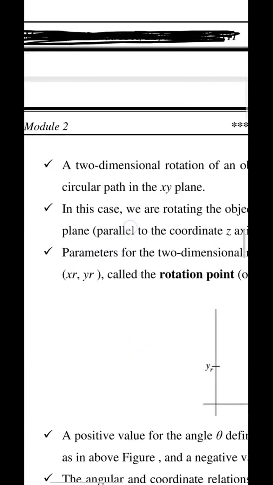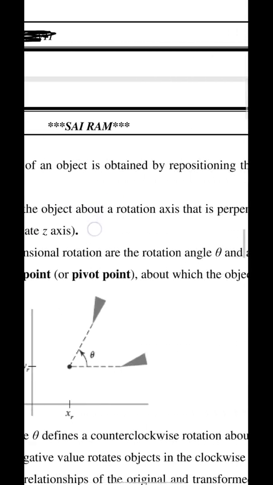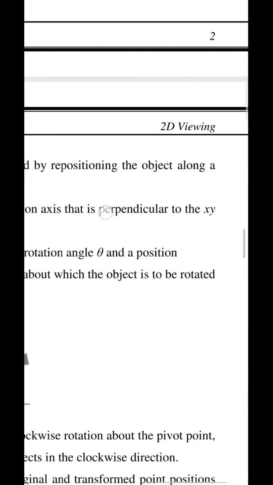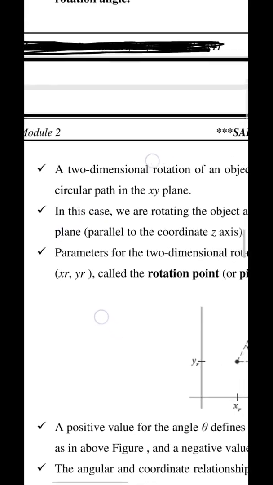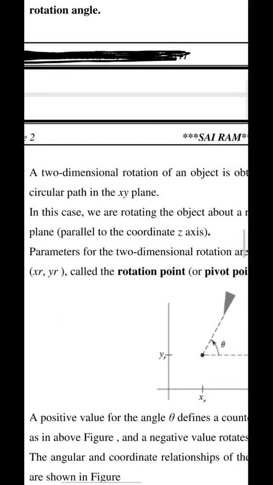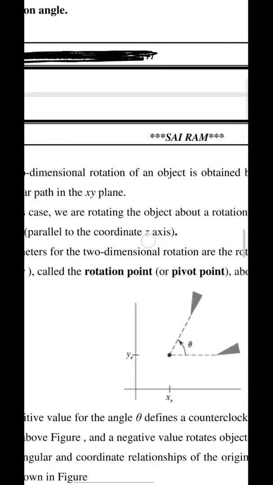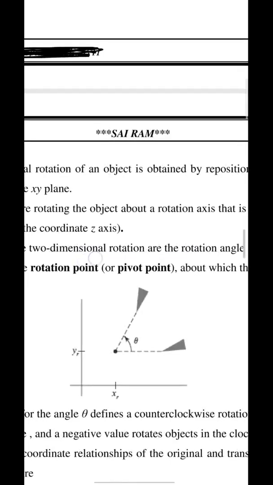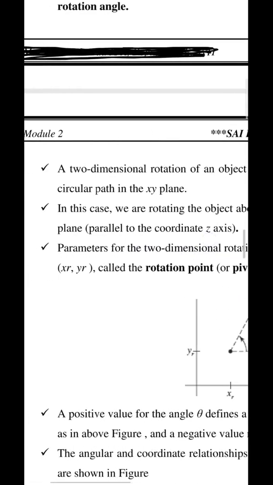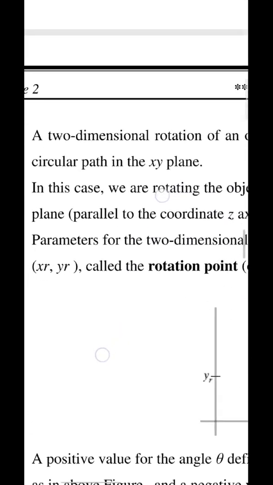Go through the next points listed. A two-dimensional rotation of an object is obtained by repositioning the object along a circular path in the xy plane. Of course, z is not to be considered here. In this case, we are rotating the object about a rotation axis that is perpendicular to xy, which is parallel to z.